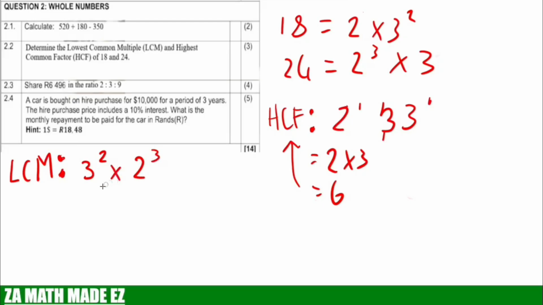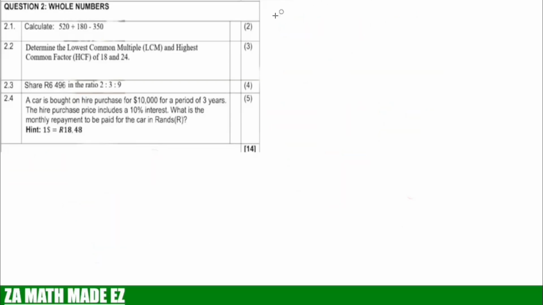So we multiply those by each other, and that'd be 8 times 9, which is equal to 72. So the lowest common multiple is equal to 72. We got these numbers through prime factorization.